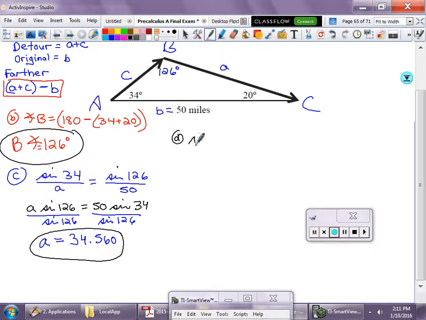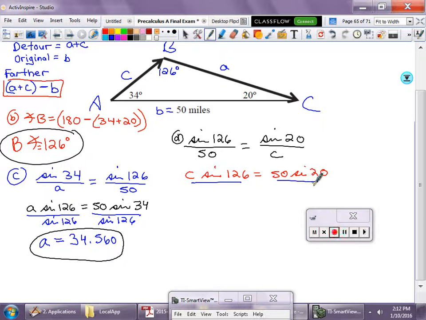We use what we have: sine of 126 over 50 is going to be equal to the sine of 20 over c. Cross multiply, c sine 126 equals 50 sine 20. Divide by sine of 126.